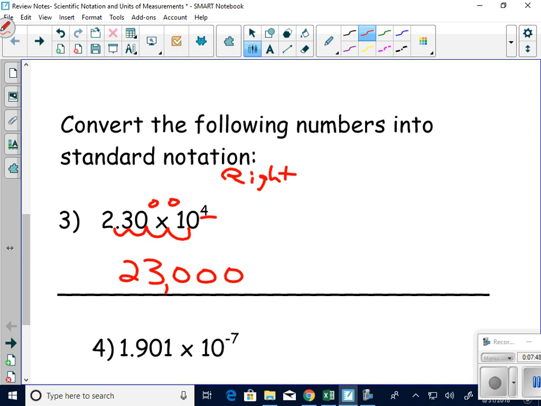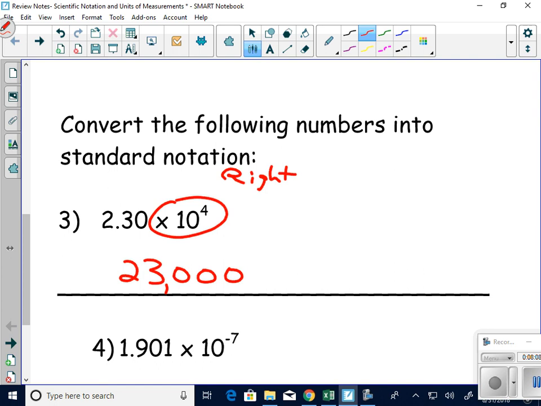Well, I just told you that any number in front of the times 10 to the x is significant, right? How many sig figs do I need? 3. This right here, 23,000, is only 2.